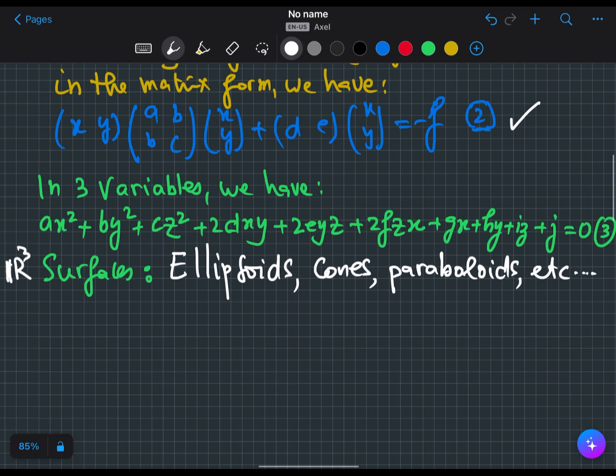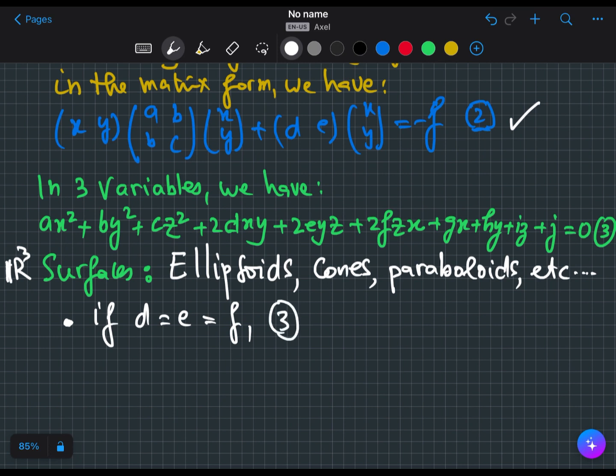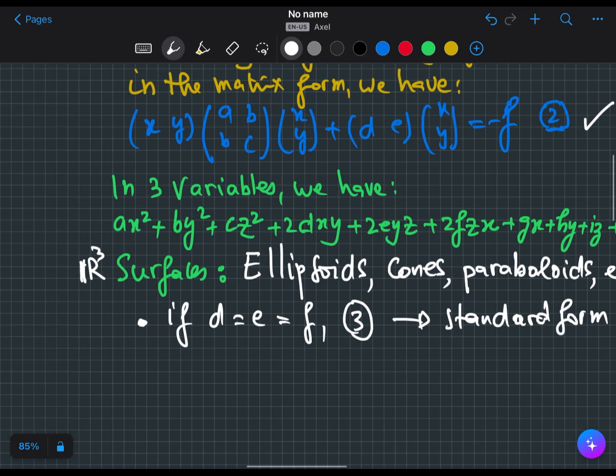Now, as we explained previously, if d, e, and f equal 0, then the quadratic equation 3 can be reduced to a standard form by completing the square.